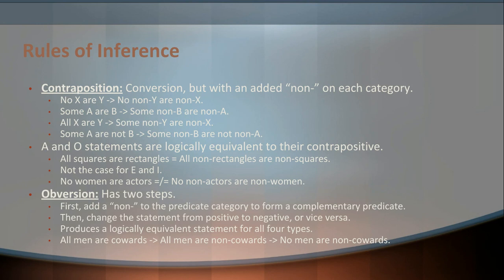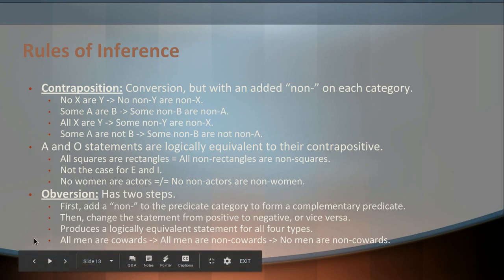If we're using the grammatical terms subject and predicate to label the first and the second parts of the sentence, you add a non to that second category. Then, change the statement from a positive to negative or vice versa. This will produce a logical equivalent in every single instance. No matter which of the four types of statement you're working with, obversion will create a logical equivalent.